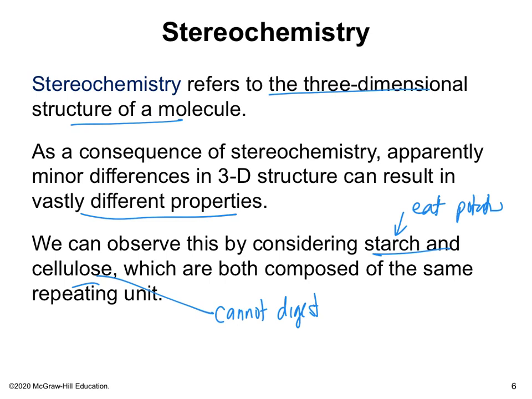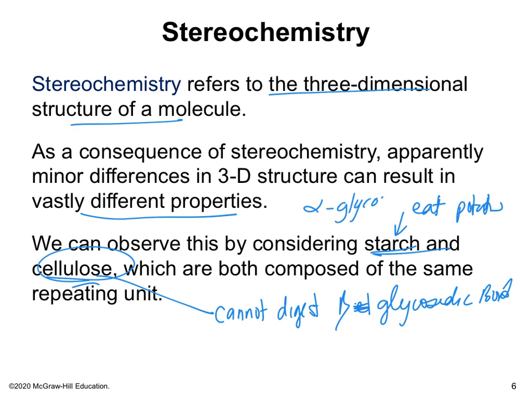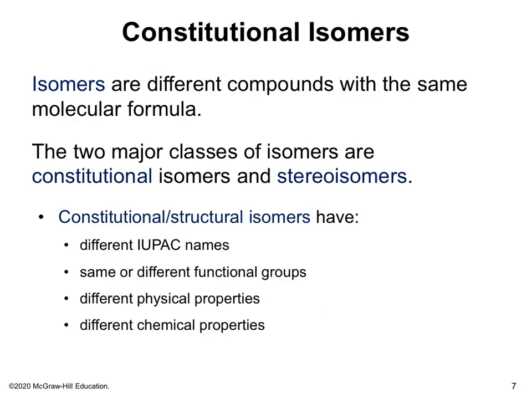And that's because the sugars in cellulose are linked by a beta glycosidic bond, and the starch is an alpha glycosidic bond. And alpha and beta sugars, it's just an orientation in space. So that's the difference. They are different.